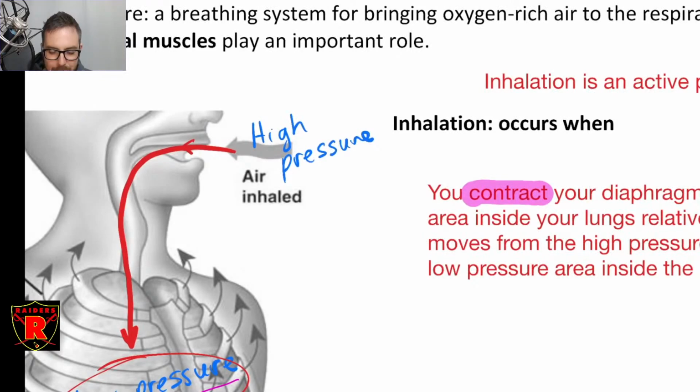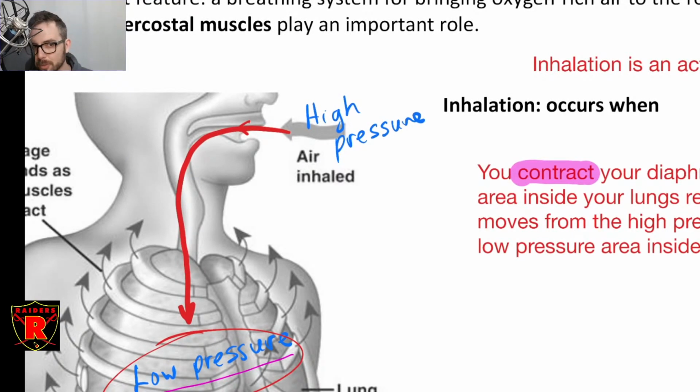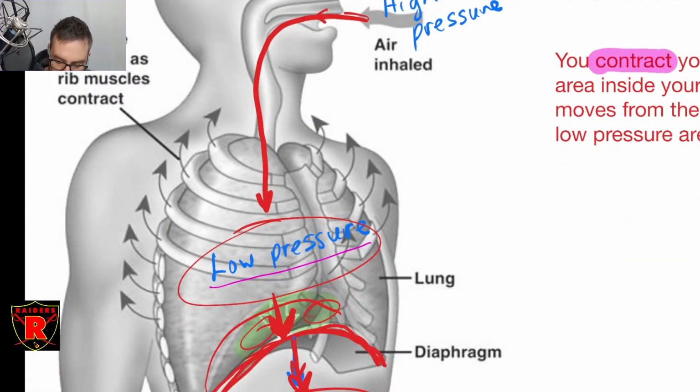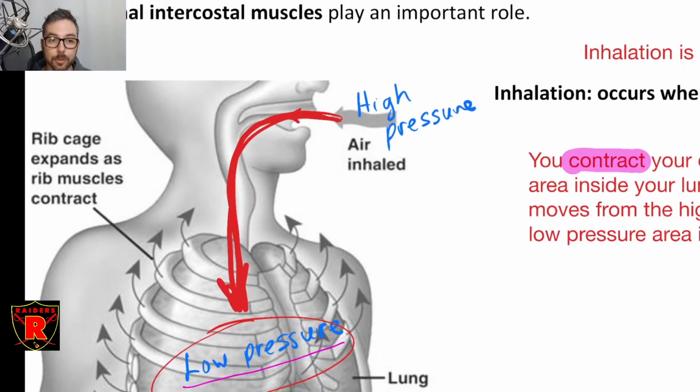Because the pressure outside of the body is relatively higher than the pressure inside the lungs, now you have a pressure differential, with higher pressure outside and lower pressure inside. And the principle of diffusion, we just talked about this: gases always travel from high pressure to low pressure. And so this is going to force air to take that pathway down the trachea and into the lungs. So it's going to create this negative pressure, or low pressure, inside the lungs, which is going to force air to go inside of the lungs.